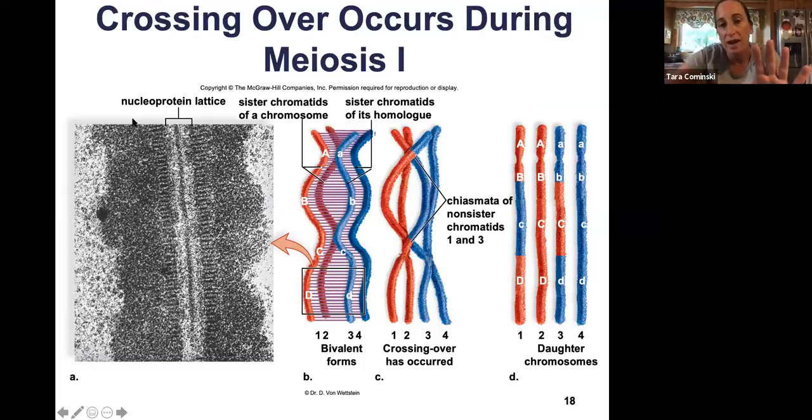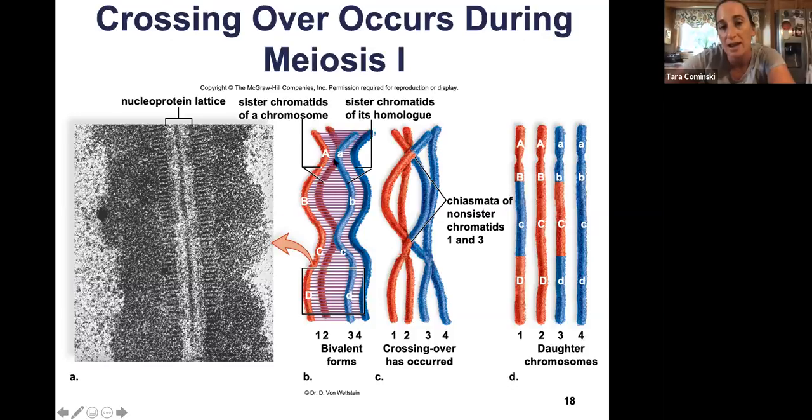So if you're talking about, again, red will always denote the maternal chromosome, and then blue the paternal, the one that came from your mother and the one that came from your father. Now, also notice that these are duplicated chromosomes. They have 2 sister chromatids because they're duplicated before that whole process starts.